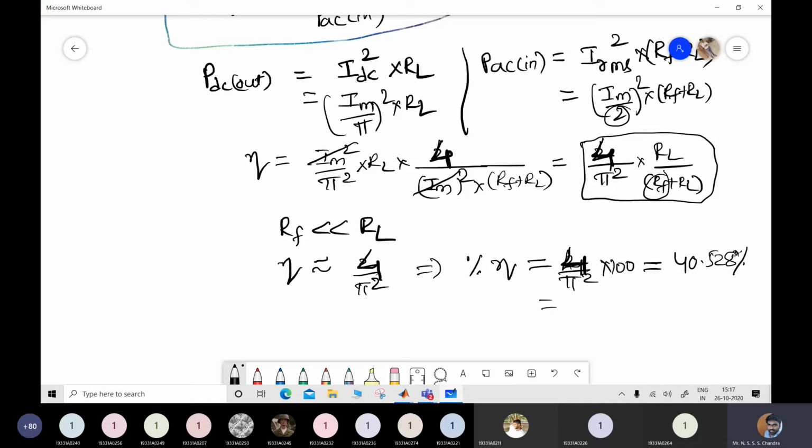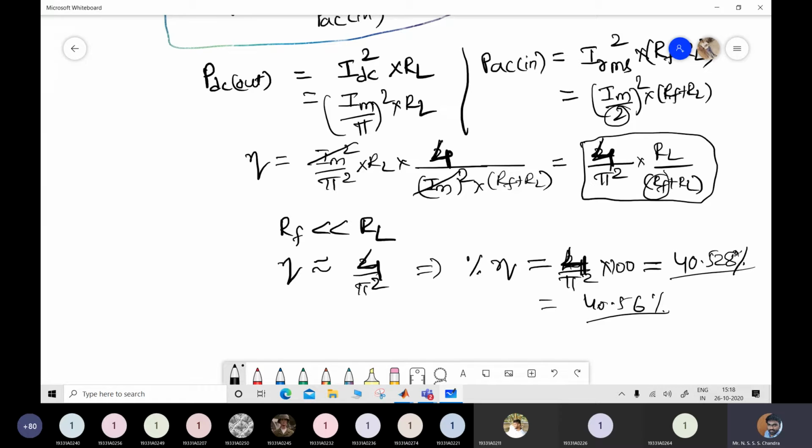If you use 3.14 instead of pi, you may get around 40.56. In some books it will be 40.56, in other books 40.52. So nearly it is around 40.5%. Depending on the pi value you take, that's the only difference.